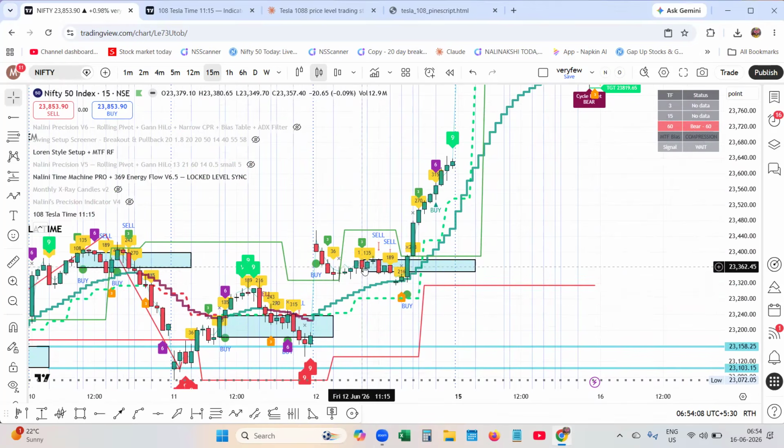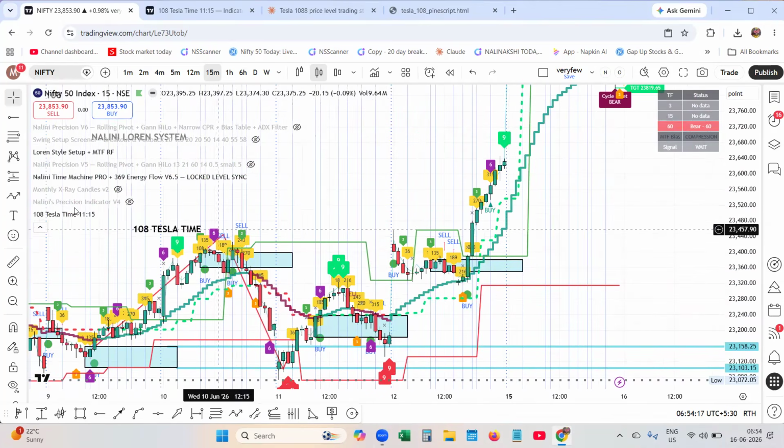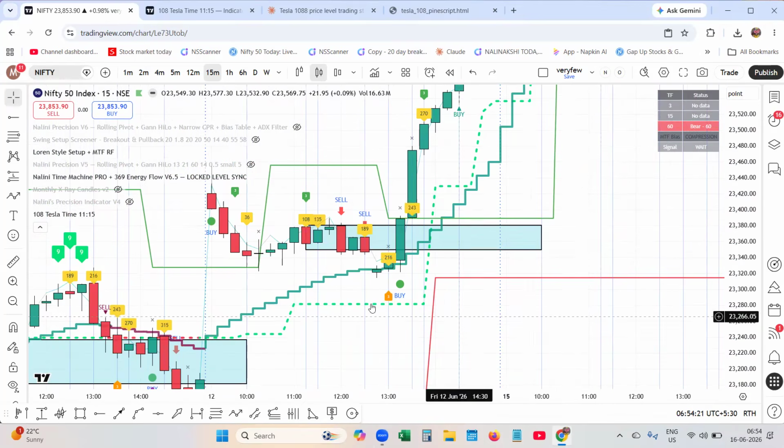Actually, you can see on this day, the market gapped up. Let me zoom into this area. And this is the Tesla time zone. The Tesla time zone beautifully aligns with the NALINI precision engine.